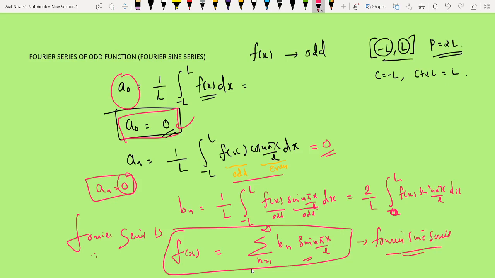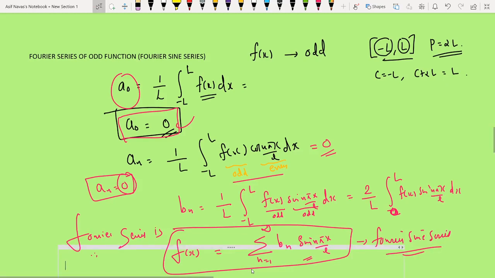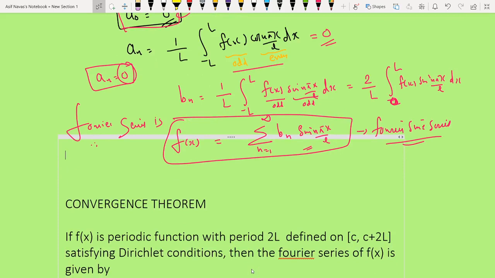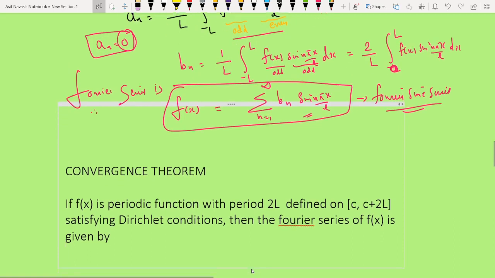Okay, have you got it? Any doubt? Anybody have any doubt? Then, one more important thing is the convergence of Fourier series.